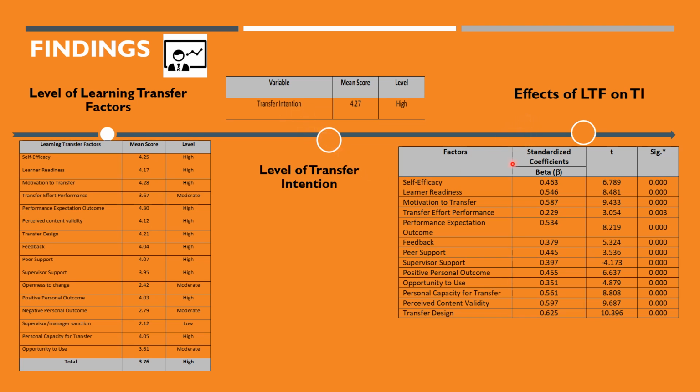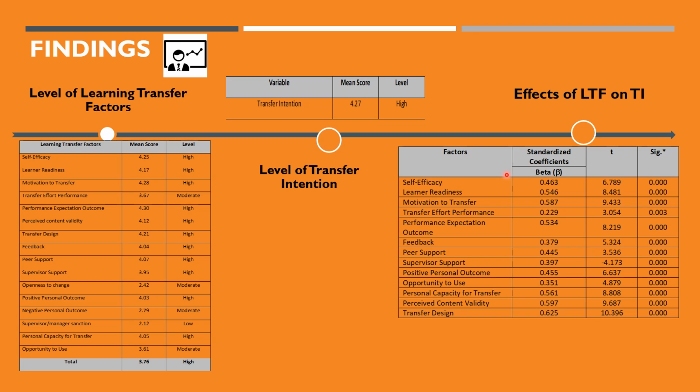As for the effects of learning transfer factors on transfer intention, the relation between them was investigated by using Pearson correlation before we conducted the regression analysis. We found that 14 learning transfer factors have a positive correlation.